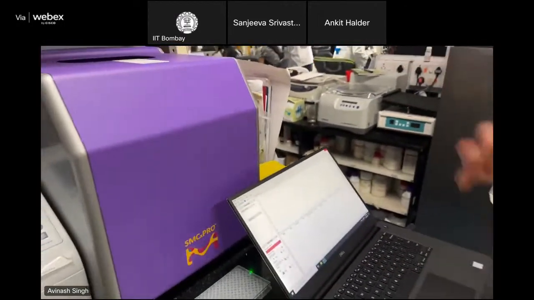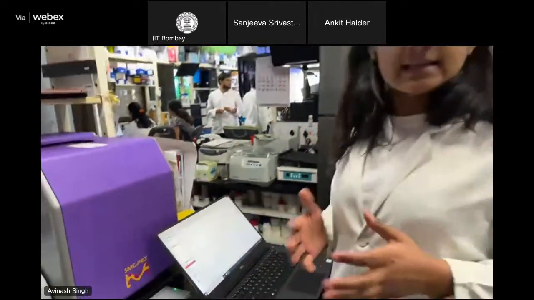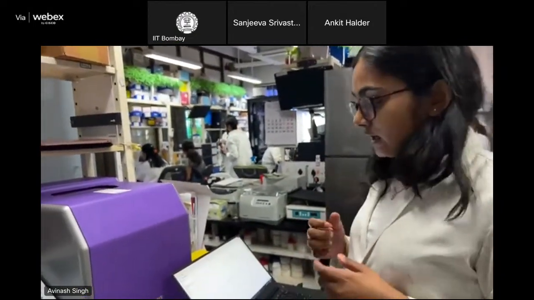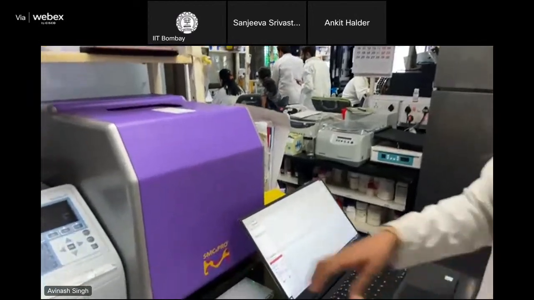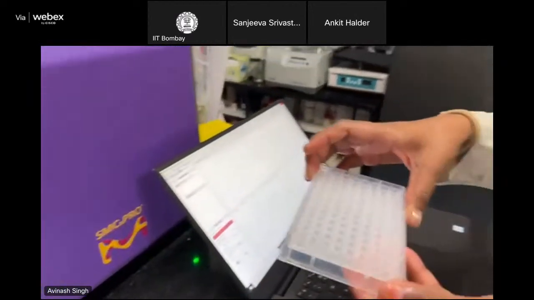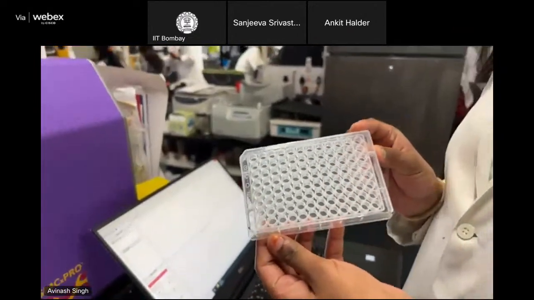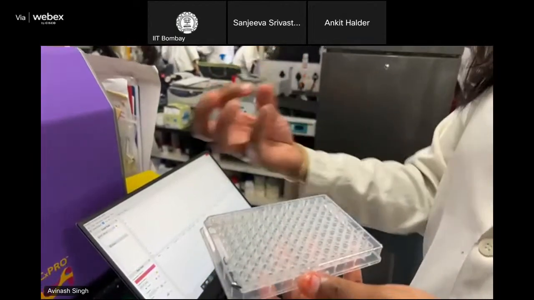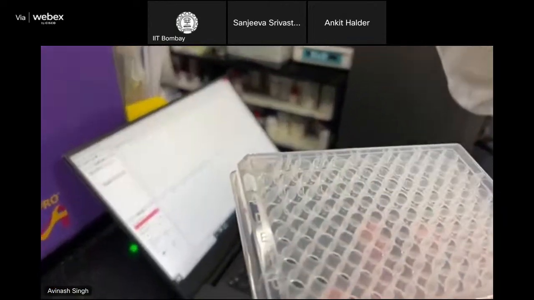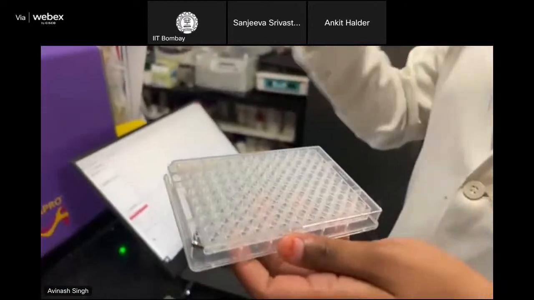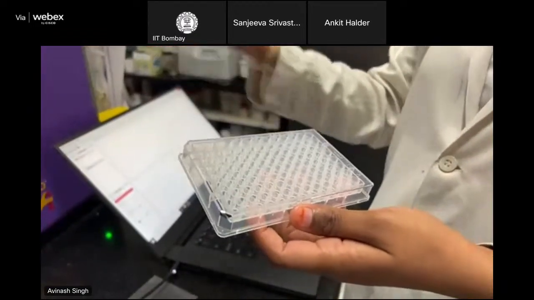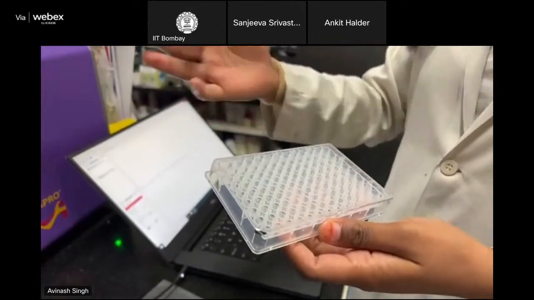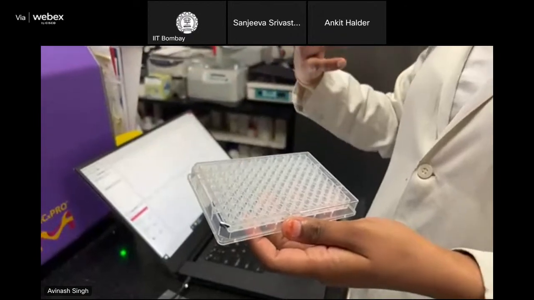The principle is mainly like ELISA. There is antibody-based detection of the protein that we are looking at. For example, this is a 96 well plate in which the experiment takes place, and there are magnetic beads which have antibody against the particular analyte to pull down those proteins, and the rest of the sample is washed off.